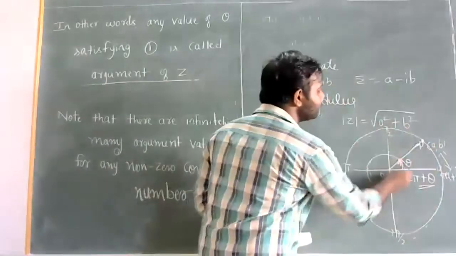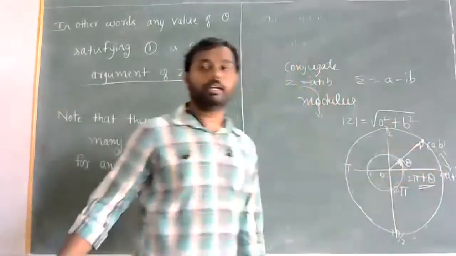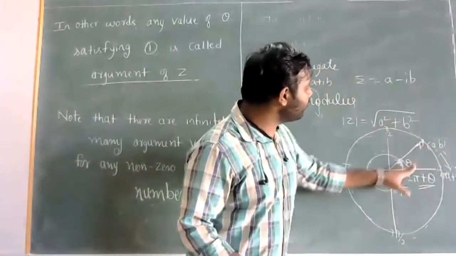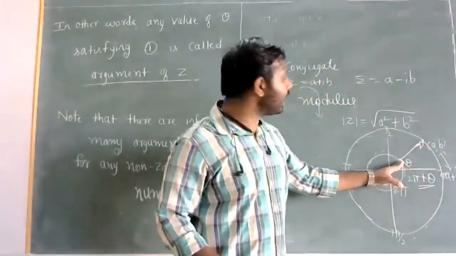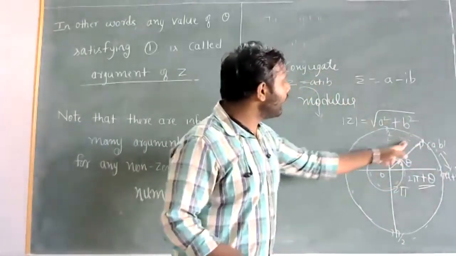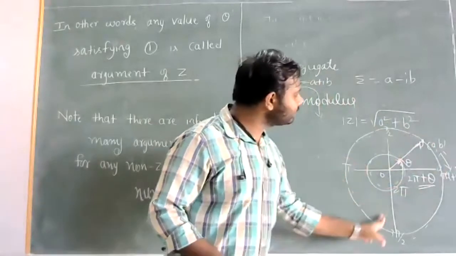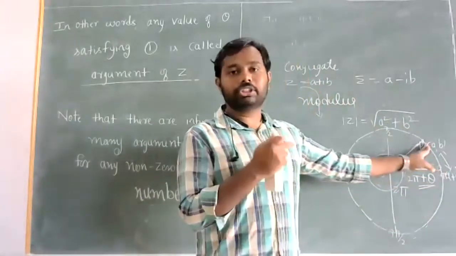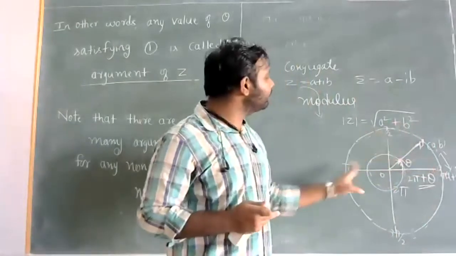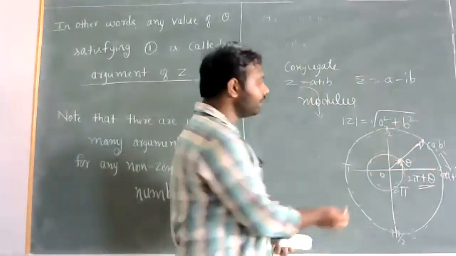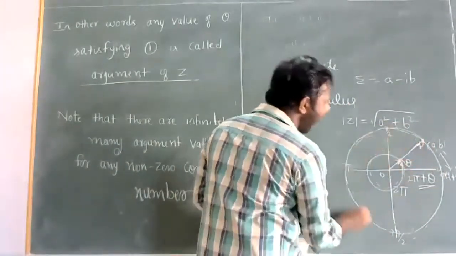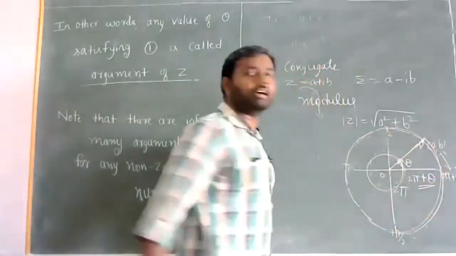One complete circle means 2 pi. So after rotating angle theta, if you go further, none of these angles will give you the position P, right? So none of these angles will be argument values. To get the same position, you have to complete the circle.